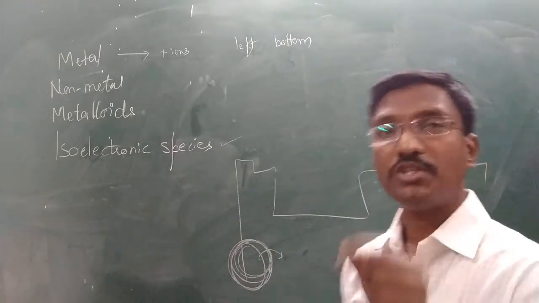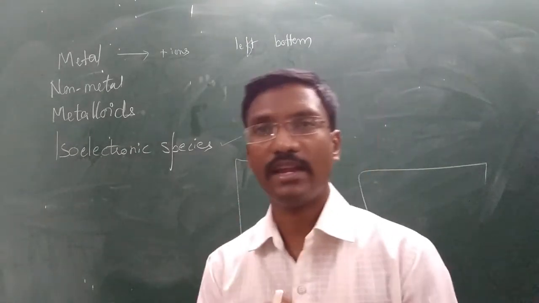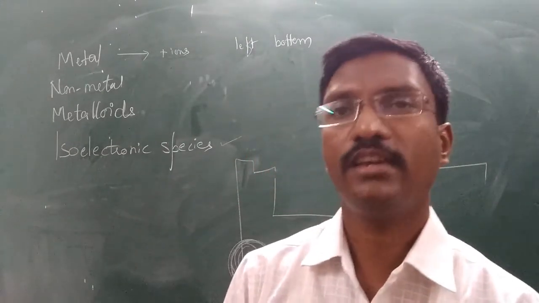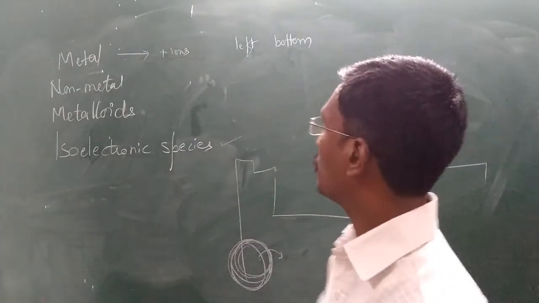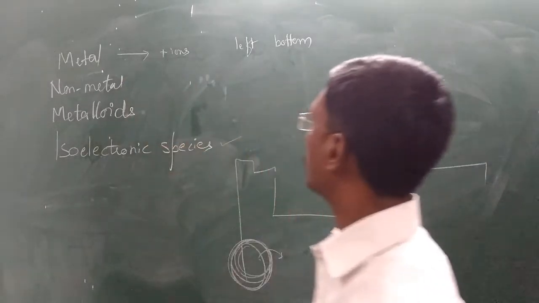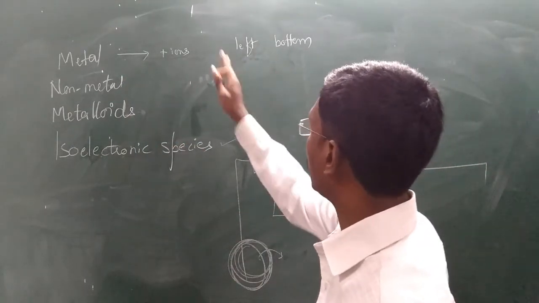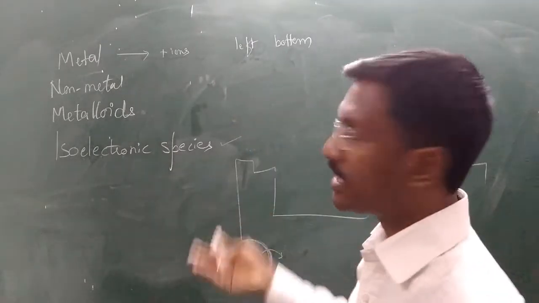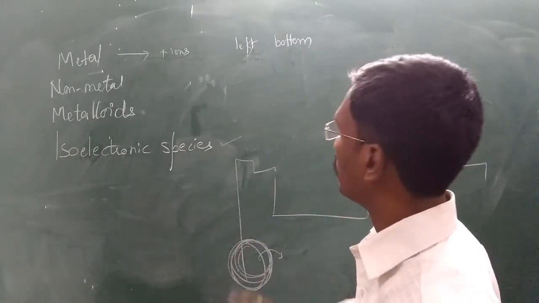The element which easily donates the electron has a greater metallic character. On what basis we say this, you will come to know in the next class. But you should know metals carry a positive charge, they are all at the left of the periodic table, and the greatest metallic character is at the left and bottom.